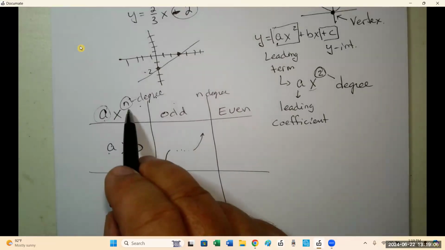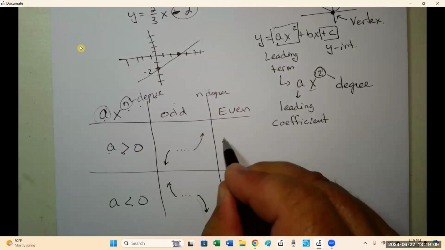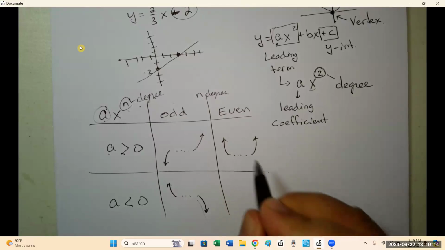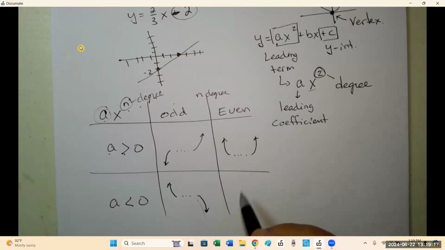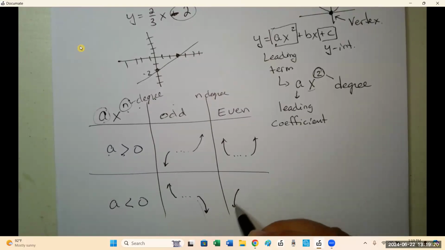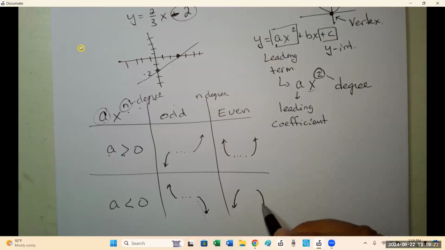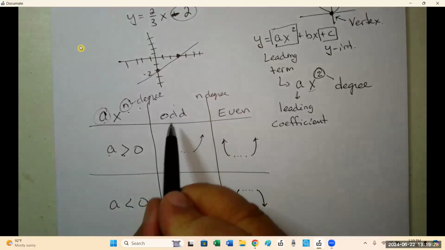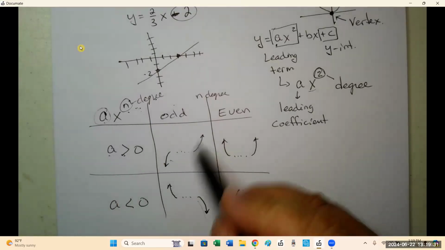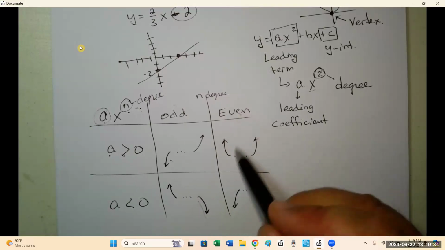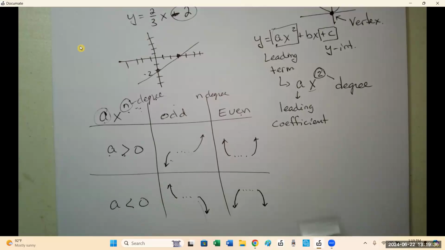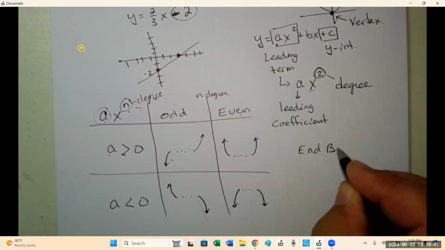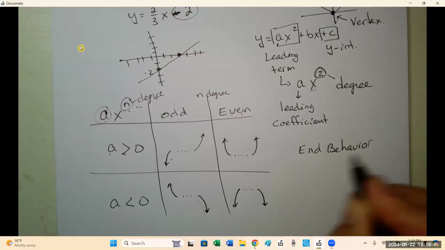If your degree is even and a is positive, that means both ends of the function point in the same direction. They both point up. And what happens in the middle, we don't know. And if a is negative and n is even, we know both ends point in the same direction. They both point down. So odd degrees, opposite directions. Even degrees, same direction, either up or down. We call that end behavior.